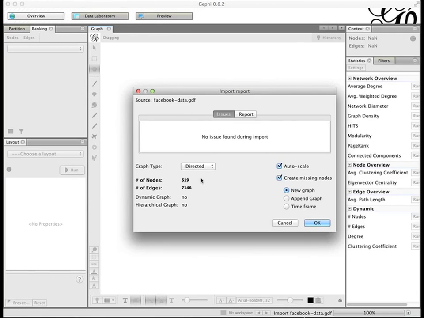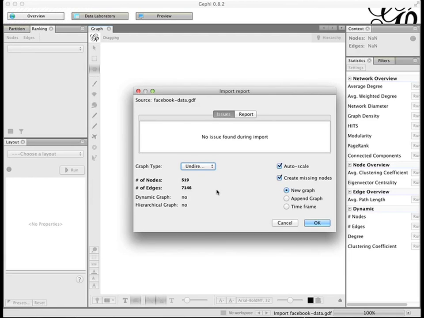So what this is telling you is that there are 519 nodes, and the nodes are people. That means I have 519 people in my friends network. The edges are connections among the nodes. So in my friends network, there are 7,146 connections from one friend to another. That's mainly what you need to know. Also, this is what's called an undirected network.